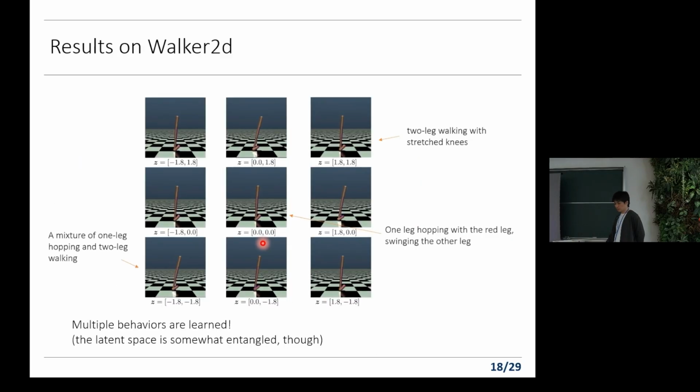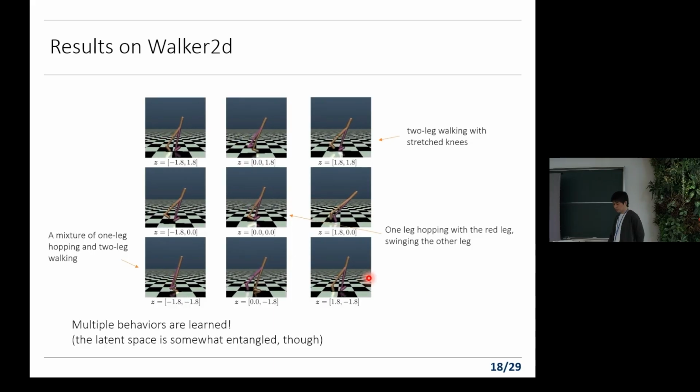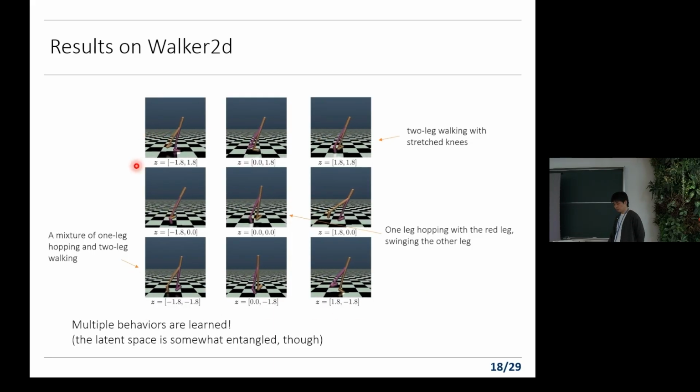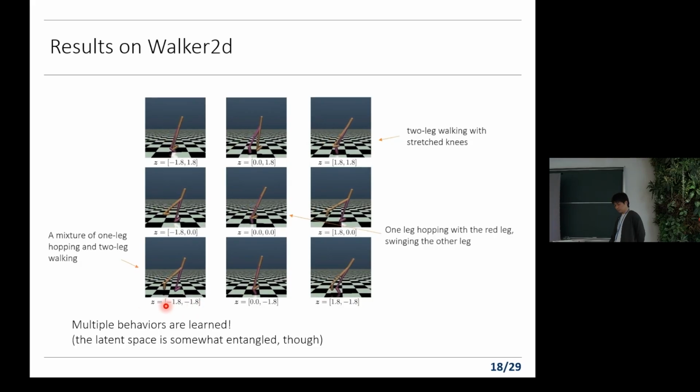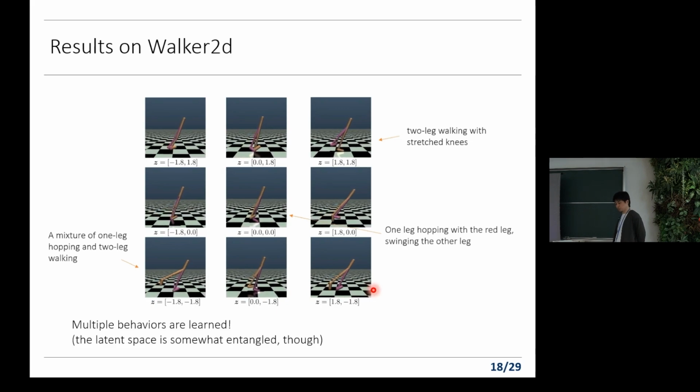Here, again, is a result for the offline setting. Here you can see two-dimensional latent variables, and we can see that the behavior of the agent changes continuously.